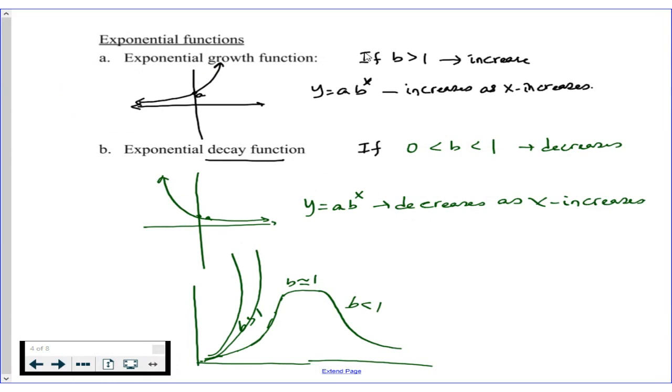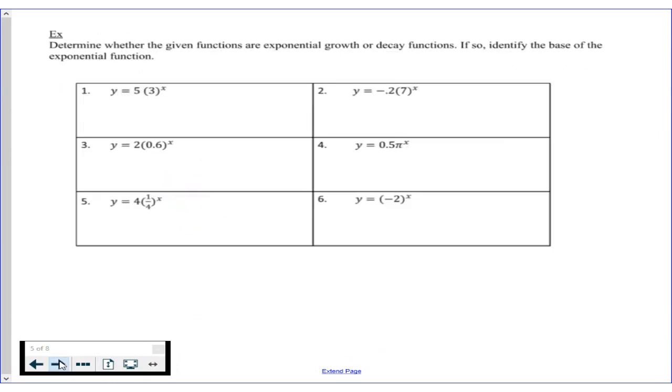Now let's go to the next topic. We are going to identify whether a given function is growth or decay. Write down the problems, the functions, and we are going to label them decay or growth. So b greater than 1 is growth.